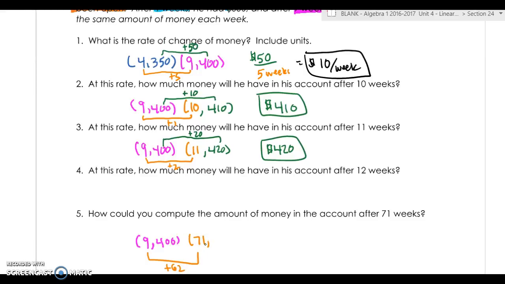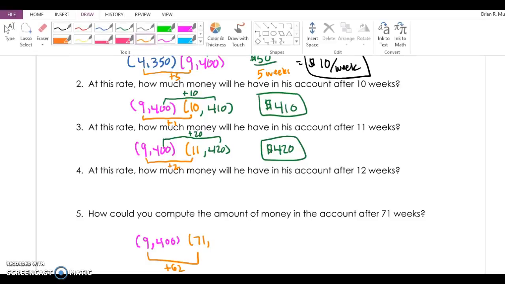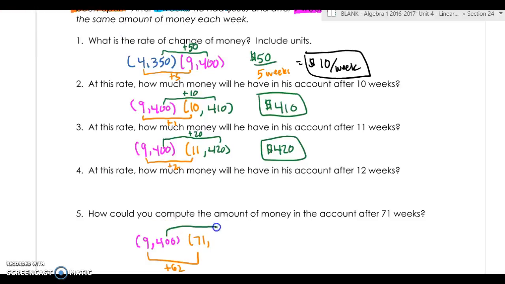And if we're adding 62 weeks at $10 a week, 62 times 10 gives me 620. So in that span, I'm going to add $620 to the account. So his final balance after the 71st week is $1,020.